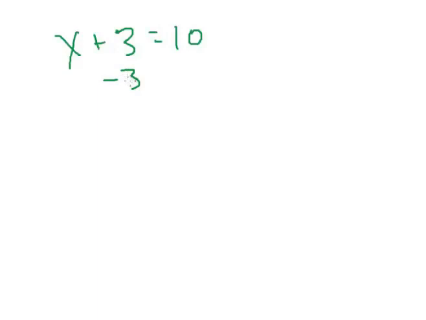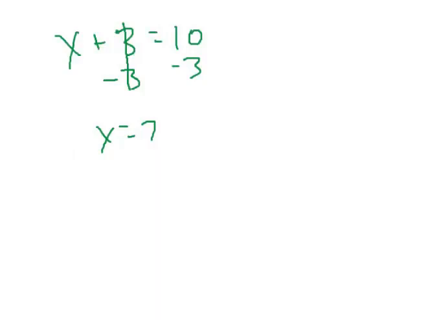Now, the thing about an algebraic equation is you can do anything you want as long as you do it to the other side, too. It's a fantastic thing about algebra. Whatever you do to this side is fine, as long as you do it to the other side also. So 3 minus 3 is 0, of course. You subtract 3 from this side also, and you have x equals 7.